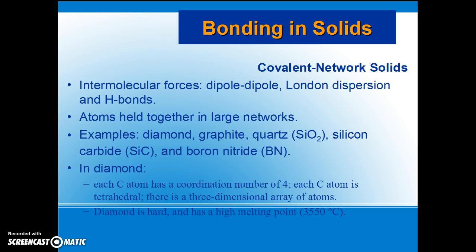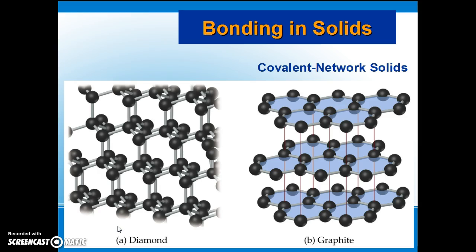And unless you've got a significant occlusion in the crystal, a fault line, if you will, the diamond is very hard, and it has a very high melting point between 3,000 and 4,000 degrees Celsius. This gives you an idea of what we're talking about.